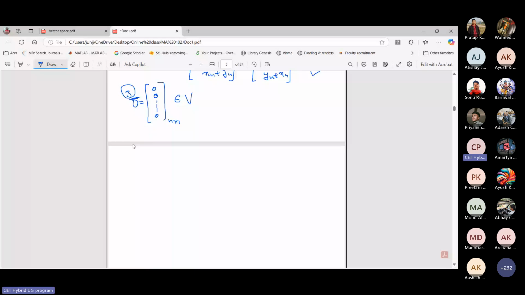What will be x plus 0 bar? This will be equal to x1 plus 0, x2 plus 0, xn plus 0. It will come x. Let me just write one or two more steps.